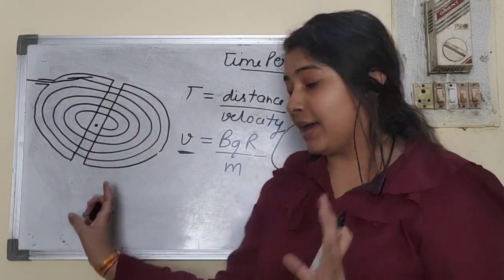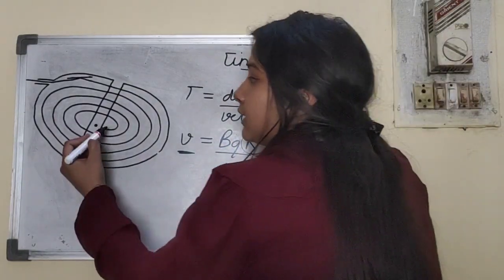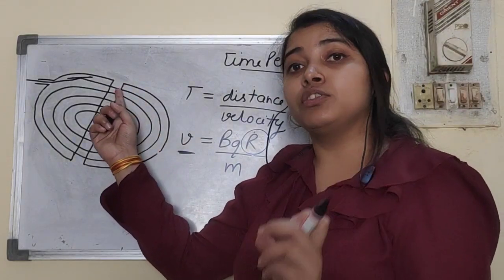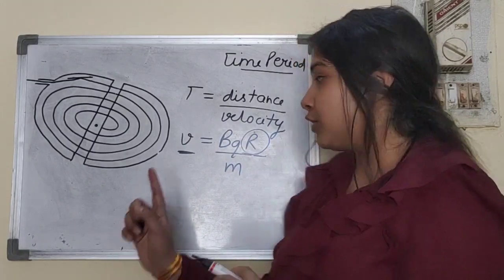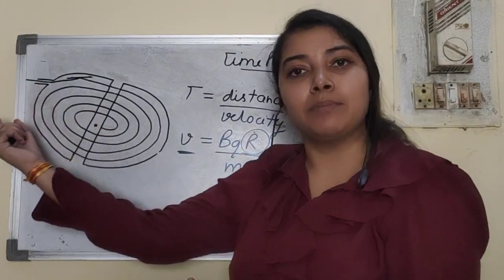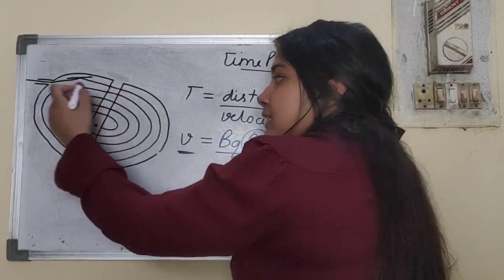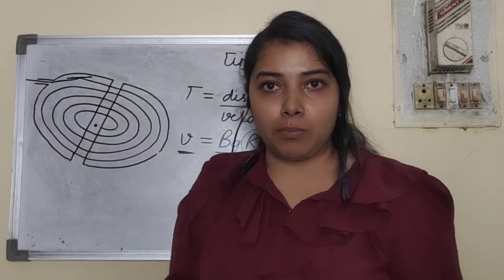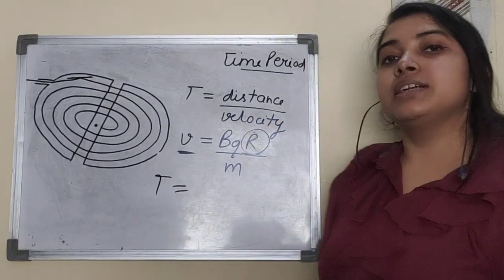So we are calculating the maximum time period because we are taking the maximum radius. As you can see there are many circular paths, but we are taking the maximum radius, that is the radius of the D. Radius cannot be more than capital R. So we are taking the maximum radius and the maximum velocity. So basically time period is equal to, now what is the distance?